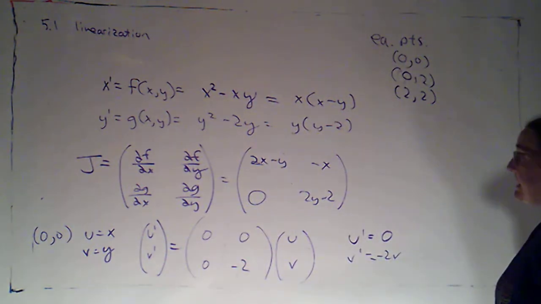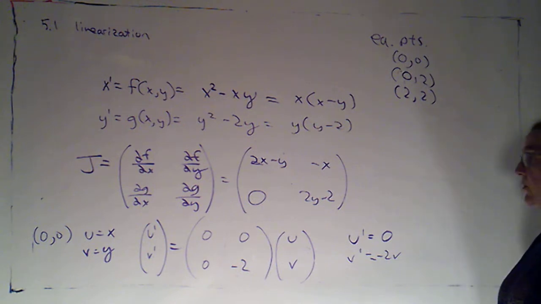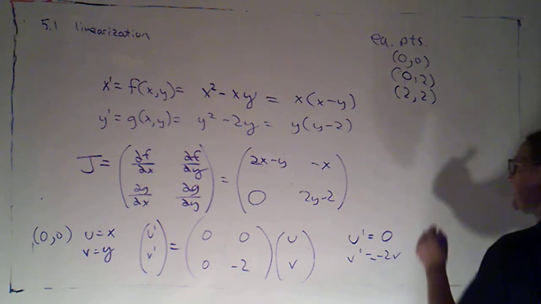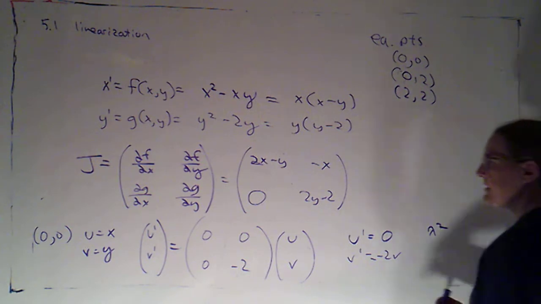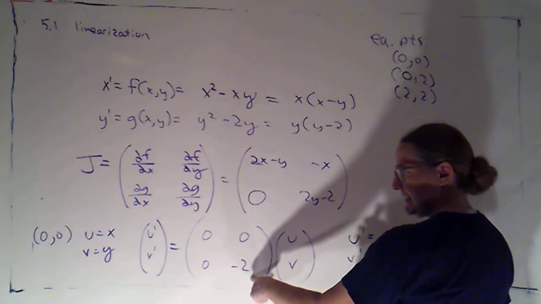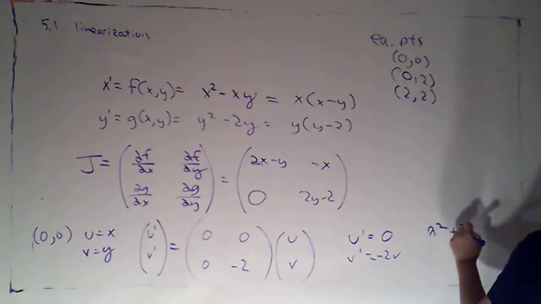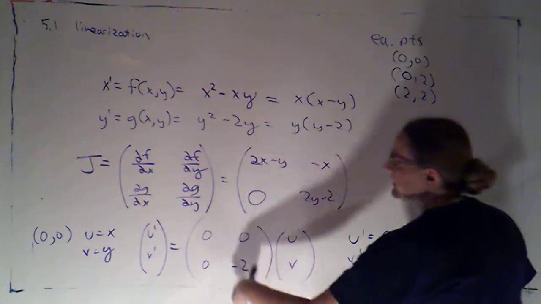All right, now if I wanted to classify this equilibrium point, I believe it's not going to work because this matrix is going to have 0 as an eigenvalue, but let's just confirm that really quickly. The characteristic equation would be lambda squared. The trace is negative 2, so minus the trace would be plus 2 lambda, but the determinant is 0.